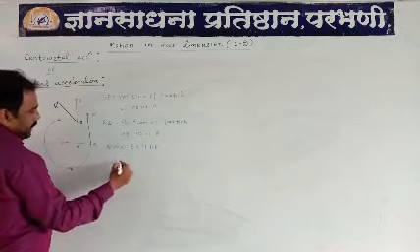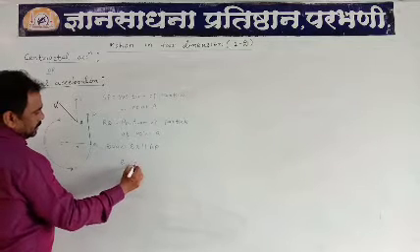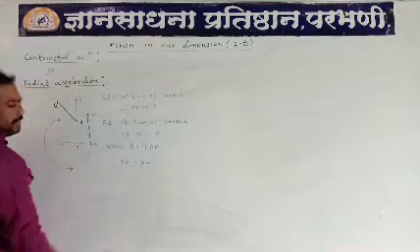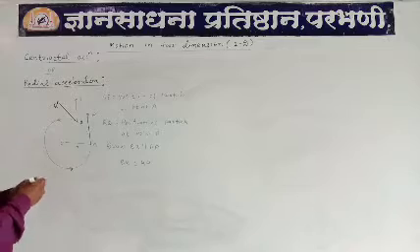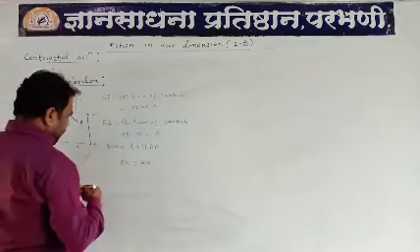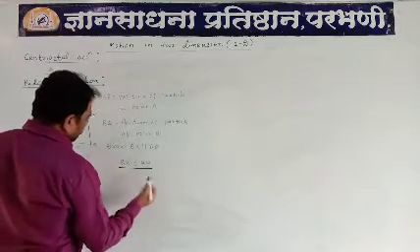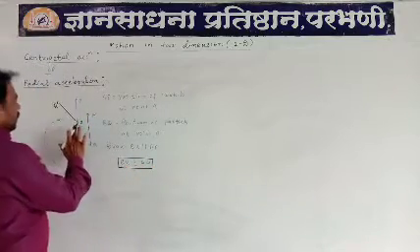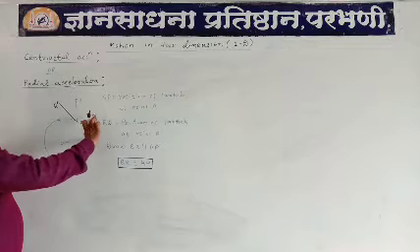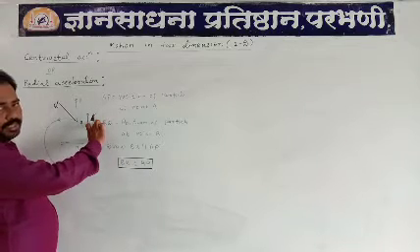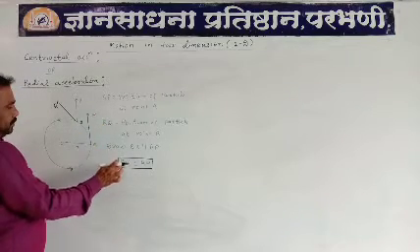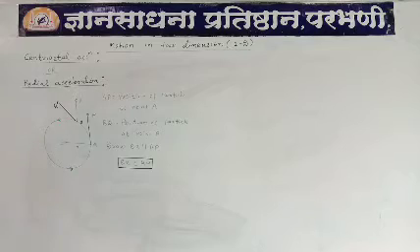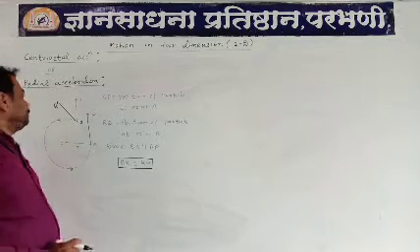Therefore, the magnitude of BR is exactly equal to AP. So what we have done here is draw BR, a tangent which is parallel to AP, and therefore the magnitudes of BR and AP are both the same.